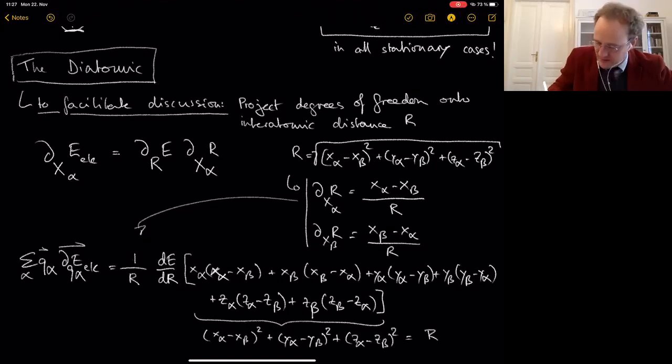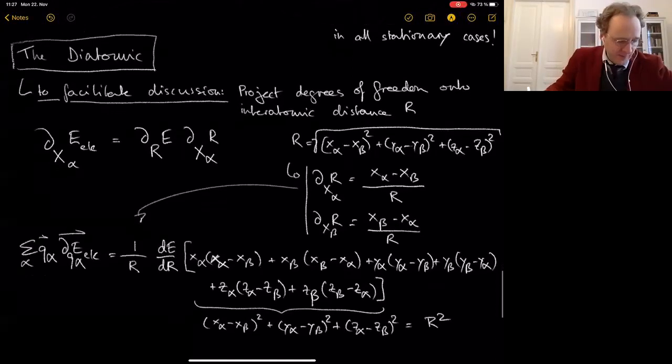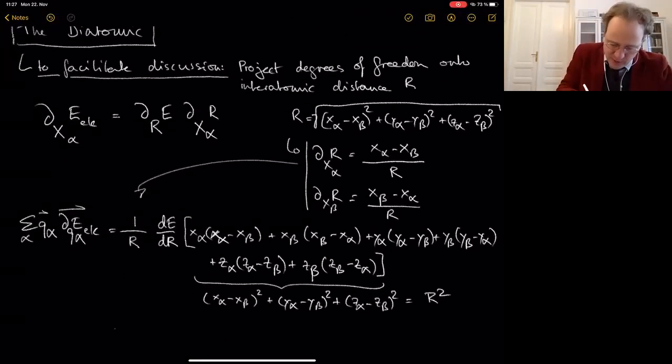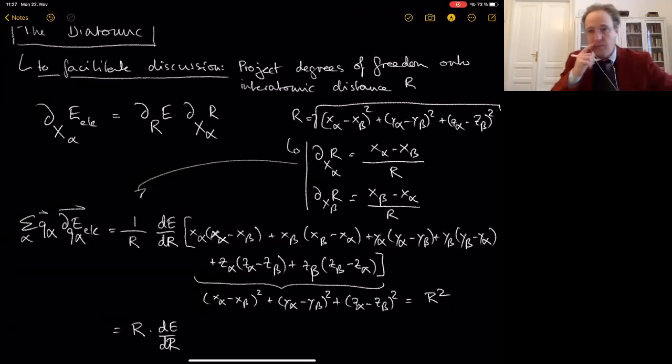And that is the same as r squared, okay? And so the exponent 2 cancels, and you're left with r times dE dr. So this is what happens to this additional force term for your Virial theorem in internal coordinates.